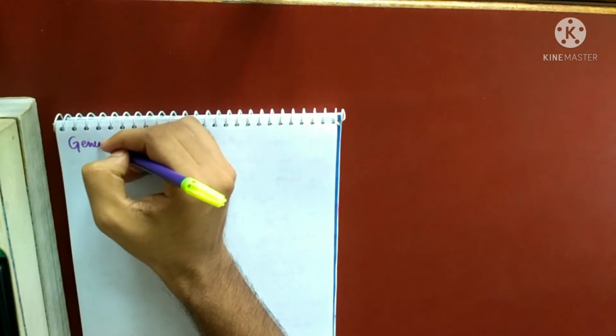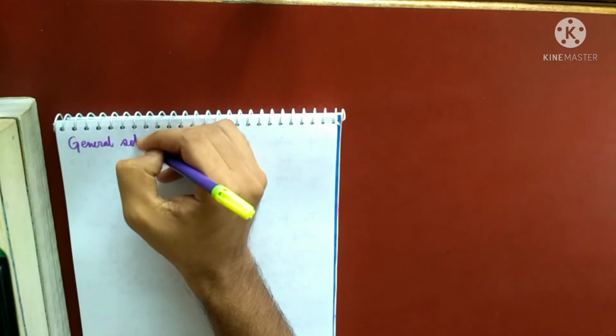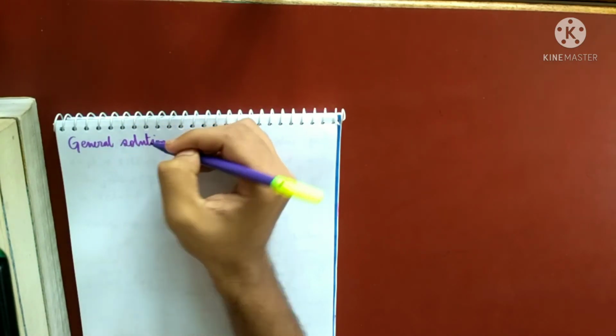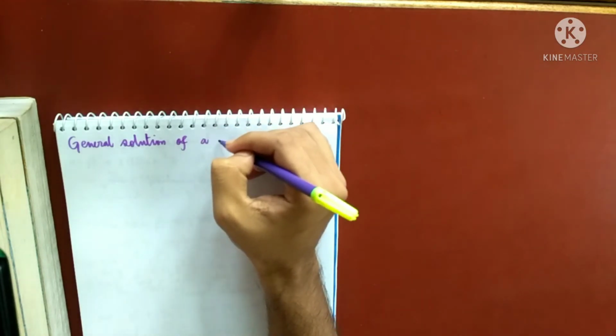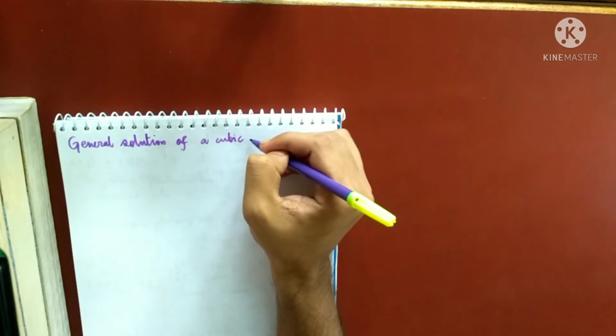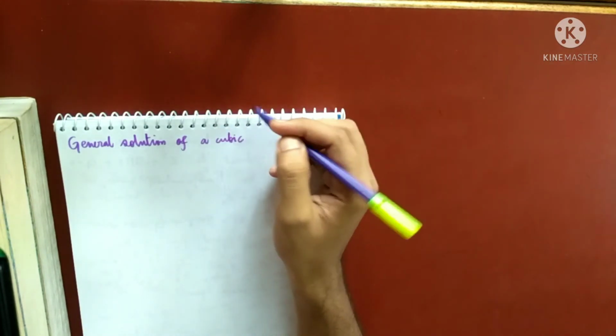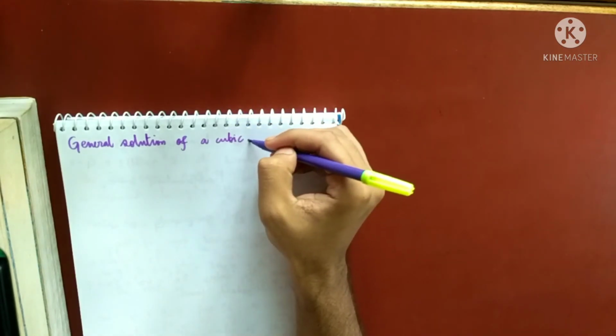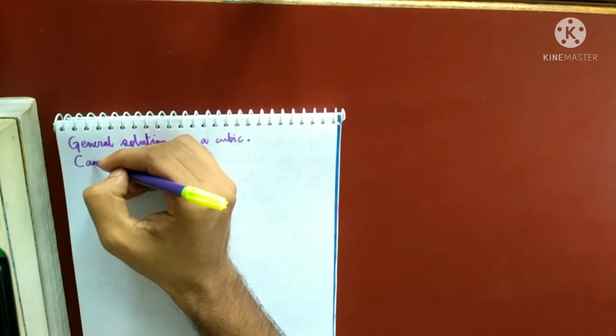The general solution of a cubic is known as Cardan's method. So what we'll be doing is something called Cardan's method.